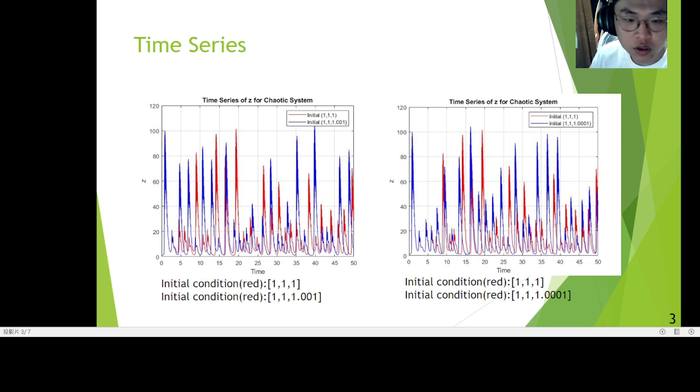Although the initial conditions are very close to each other, the difference between the two gradually amplifies over time. This demonstrates the system's sensitivity to initial conditions, which is one of the most prominent features of chaotic phenomena, commonly referred to as chaos.